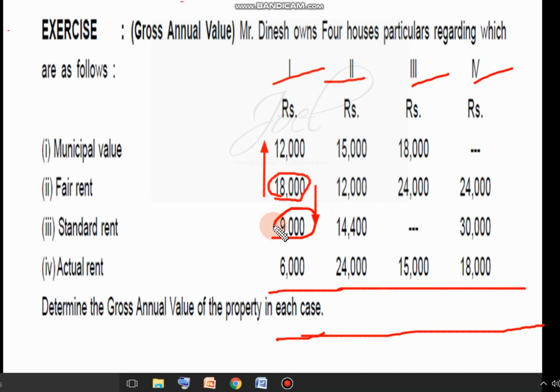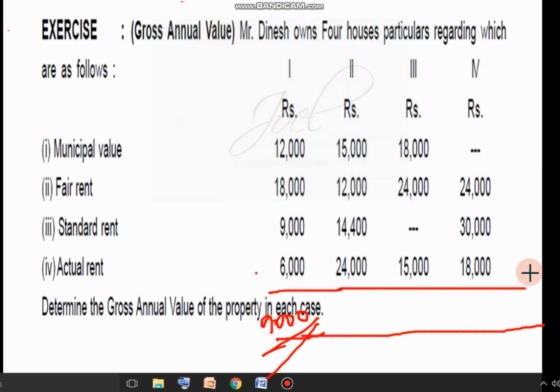Then the next step is to compare 9,000 and 6,000. The highest one will be your gross annual value. In this example, the highest amount is 9,000, right? So for the first house, 9,000 will be our gross annual value.